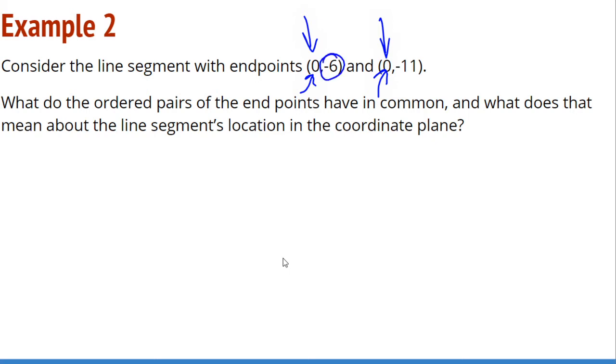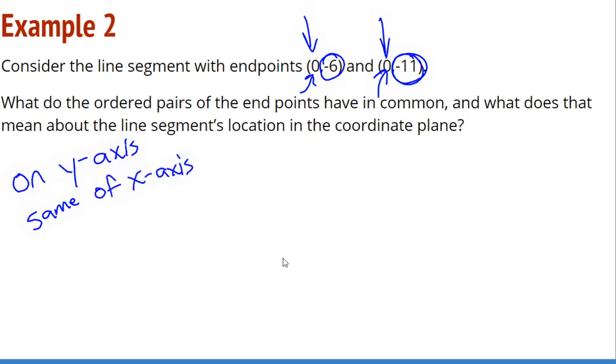If I look at these second numbers, they're both negative, which means they're on the same side of the x-axis. So they're on the y-axis, and they're on the same side of the x-axis. So they're not going to go across the x-axis.